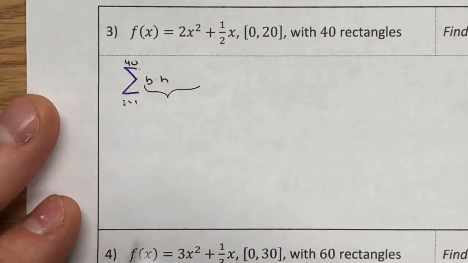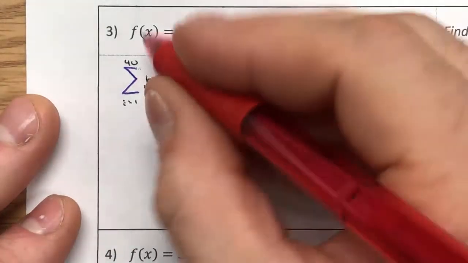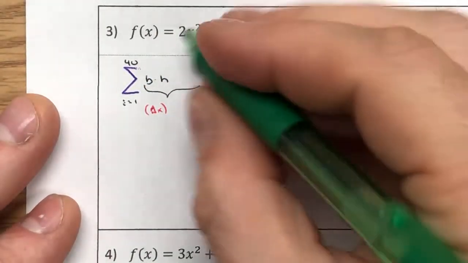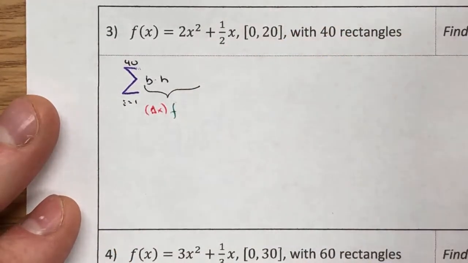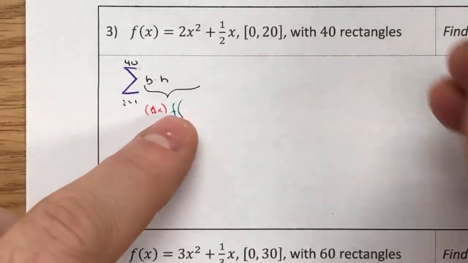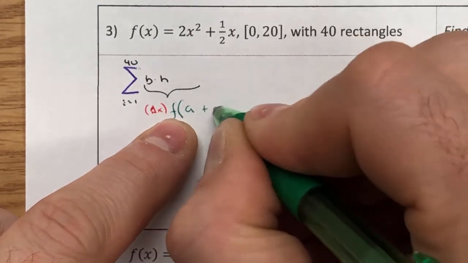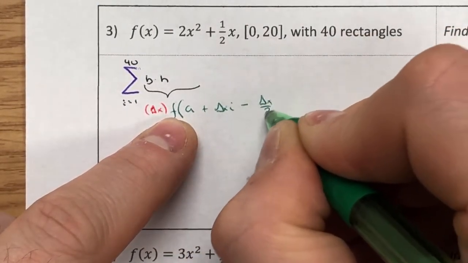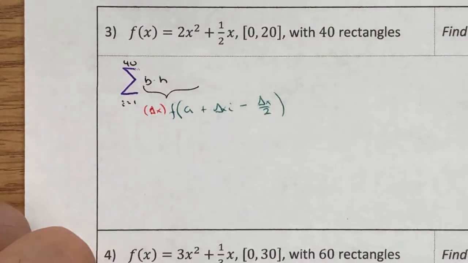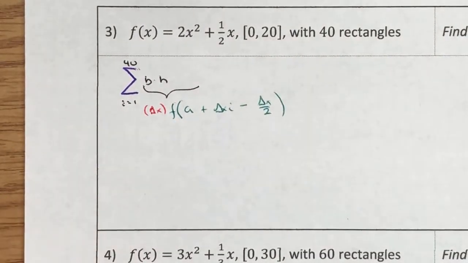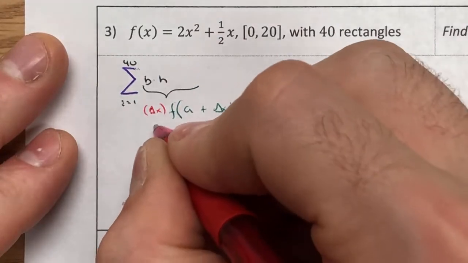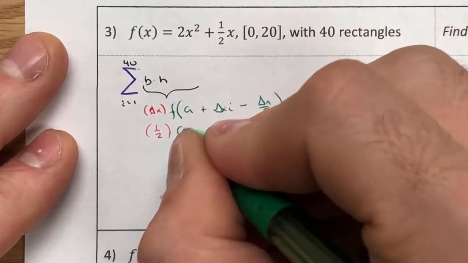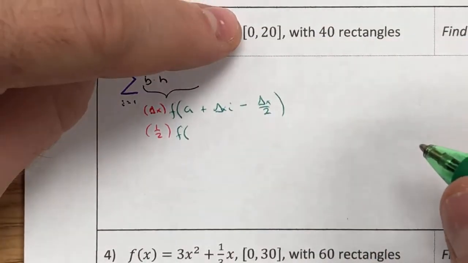The base we know is going to be our delta x. The height, as we know, is we're going to plug in that midpoint each time. So starting value plus delta x i, moved back half a space to get that value in there. So we know this is going to be 1/2 of the function evaluated at, let's go ahead and plug in our values.